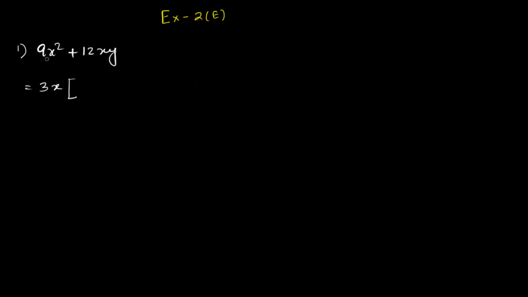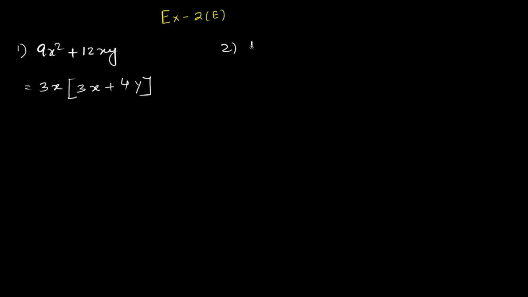From 9 I have taken 3 common, so we are left with 3. From 9x square I have taken x common, so we are left with x. From 12 I have taken 3 common, so we are left with 4, and then we have taken x common, so we are left with y. So that's the factorization of the question, 3x into 3x plus 4y.